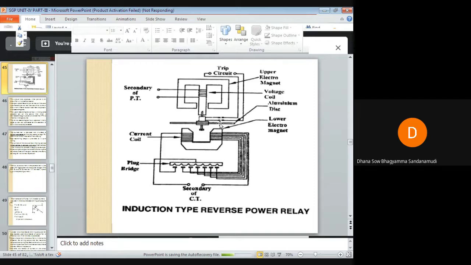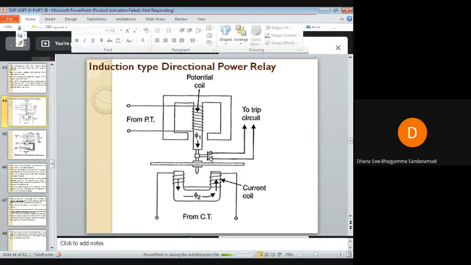The magnitude of this torque will be very large when compared to the restraining torque or the control torque of the spindle, and hence due to this driving torque the moving contact will come in contact with the fixed contact.